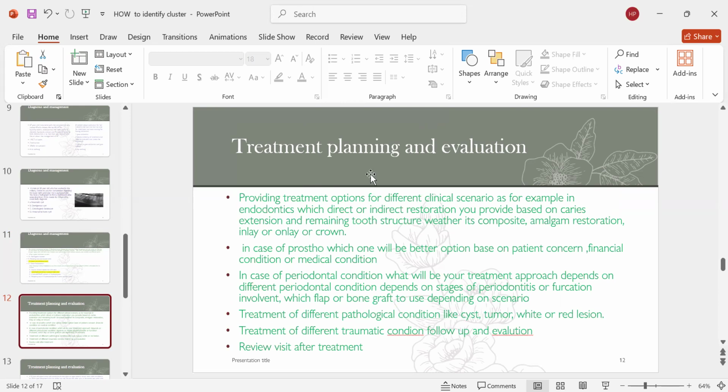There is a case of irreversible pulpitis, there is a case of periapical abscess, what treatment are you going to provide? Okay. In the endo, they ask you different questions, what direct or indirect restoration you provide based on the extent of the caries.